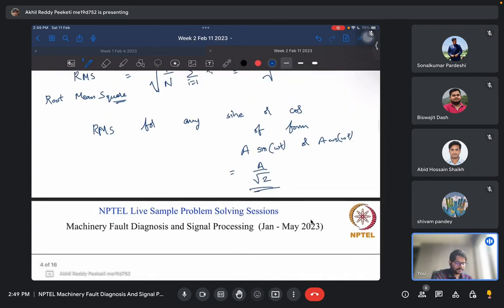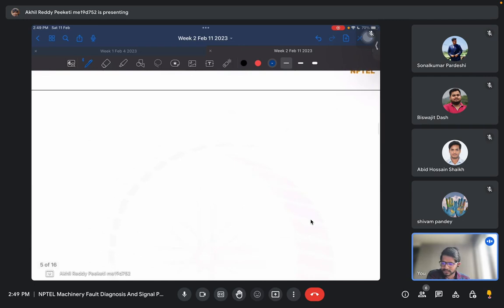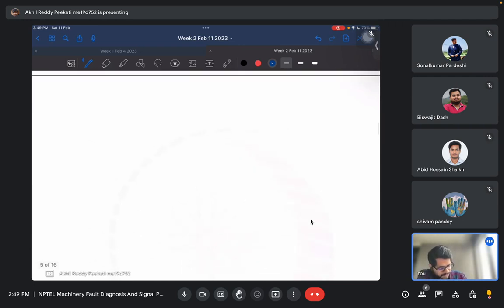Okay. So RMS for any sine or cos would be A by root 2 only. So we can also actually derive it. So let me simply show you the derivation once so that it gets clear how exactly that 1 by square root 2 comes.